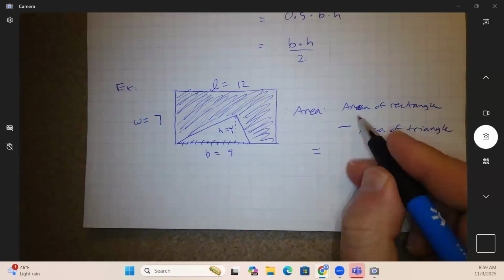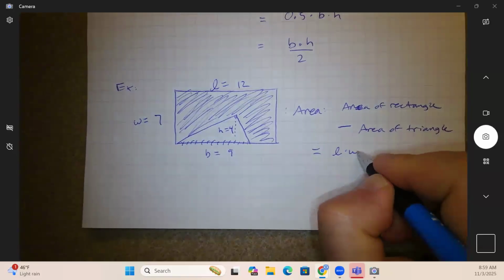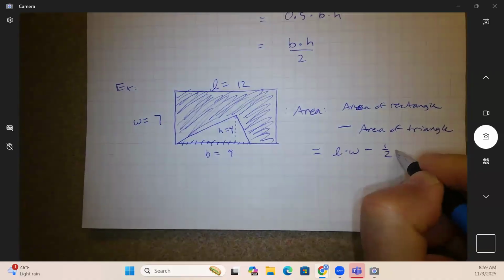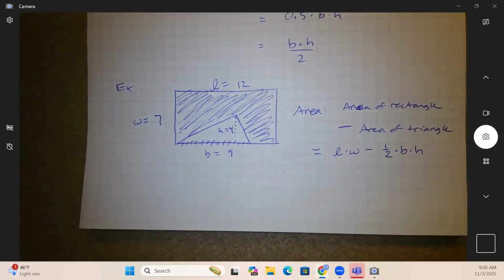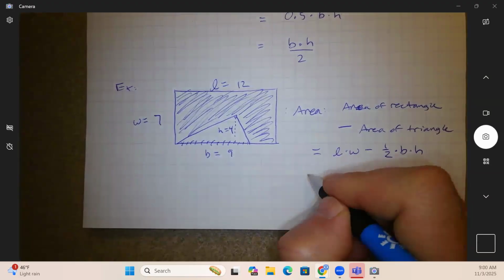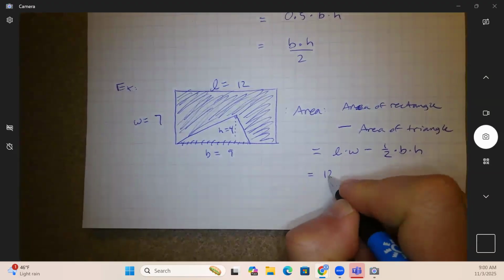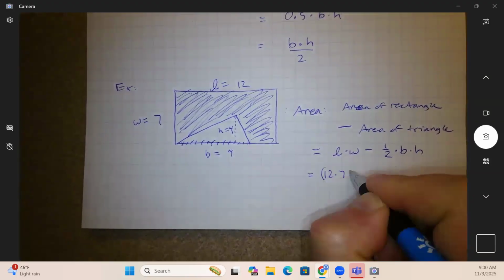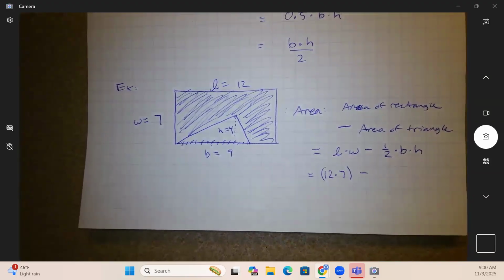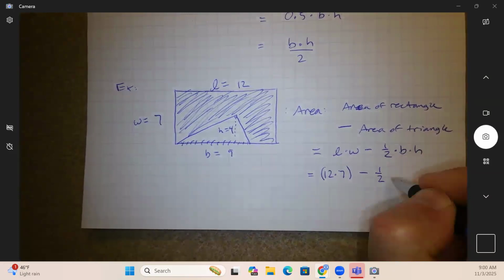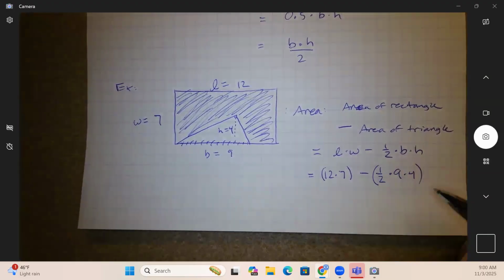And I use my formulas for the area of the rectangle, length times width, minus 1/2 base times height. So it's going to be 12 times 7. I'll put those in parentheses to remember. That's my rectangle. And then I'm going to take away 1/2 times the base, which is 9, times a height, which is 4.